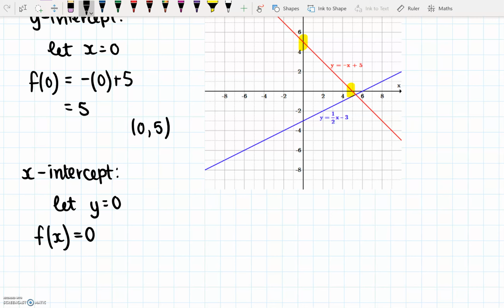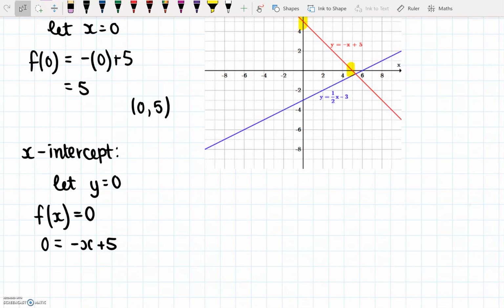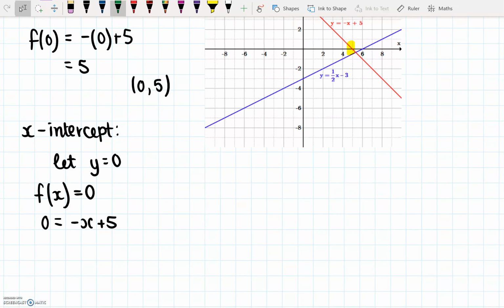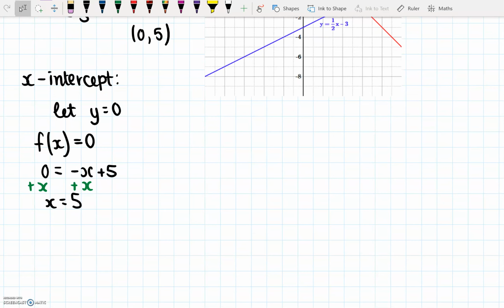So in the case of this same line, we would have 0 equals minus x plus 5. We can add x to both sides, and therefore we get x is equal to 5. So our x-intercept is (5, 0).